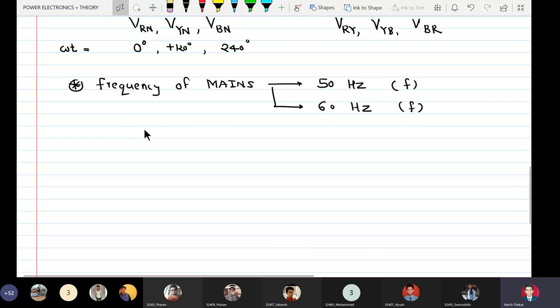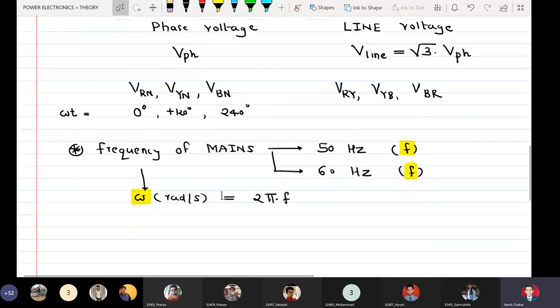Frequency can also be expressed in radians per second as omega equal to 2 into pi into F. While F is the frequency in hertz, omega is the frequency in rad per second. One should not get confused.